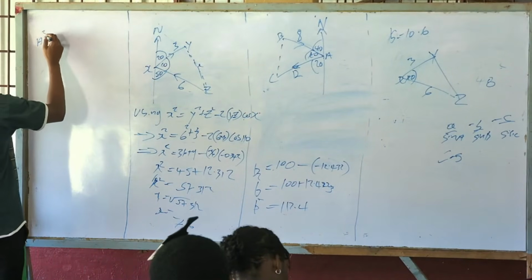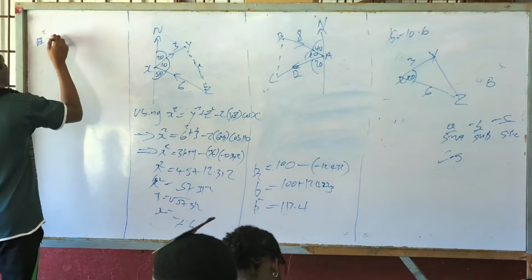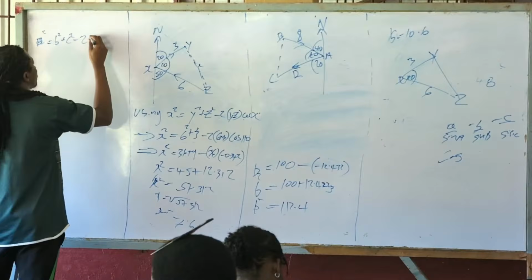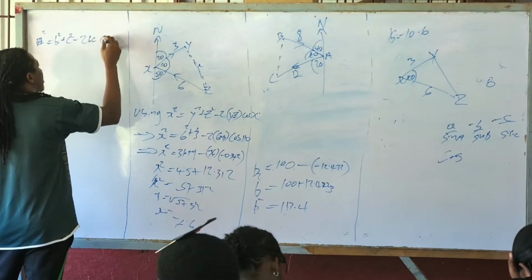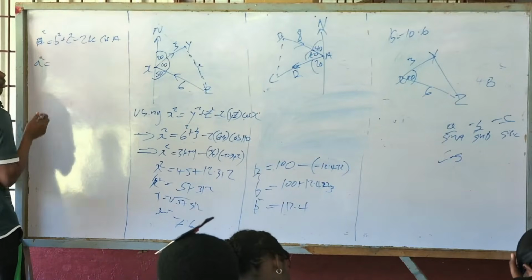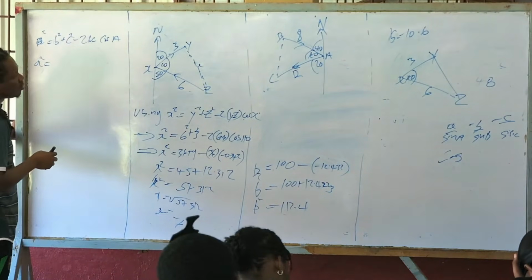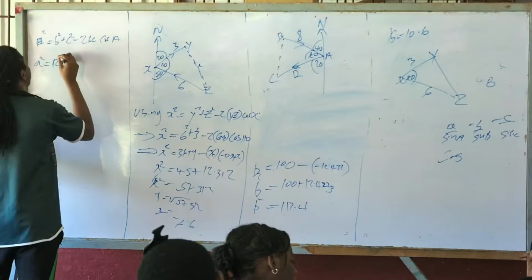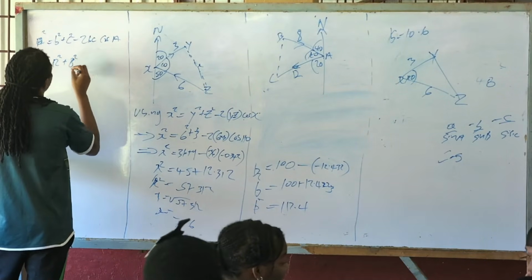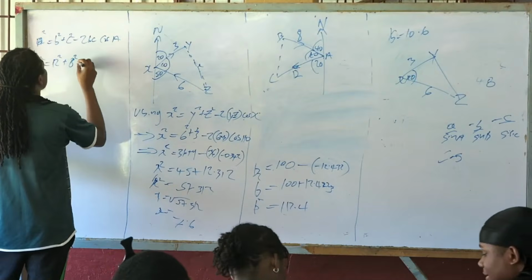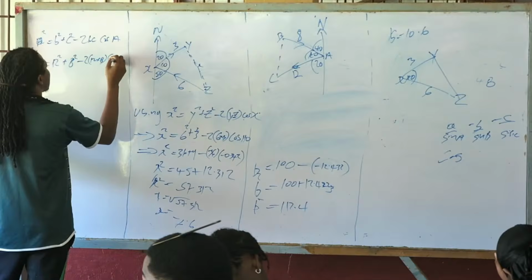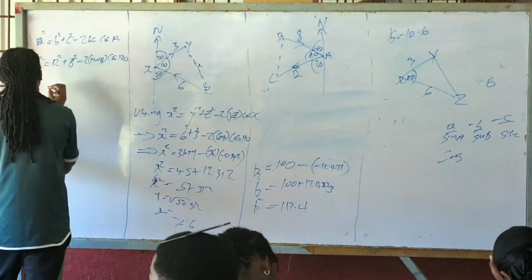A squared equals B squared plus C squared minus 2BC cos A. A squared equals 12 squared plus 8 squared minus 2 bracket 12 times 8 cos 120.